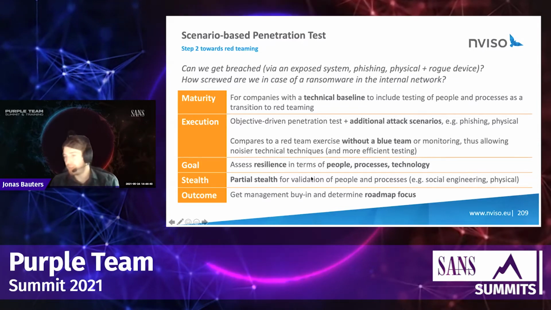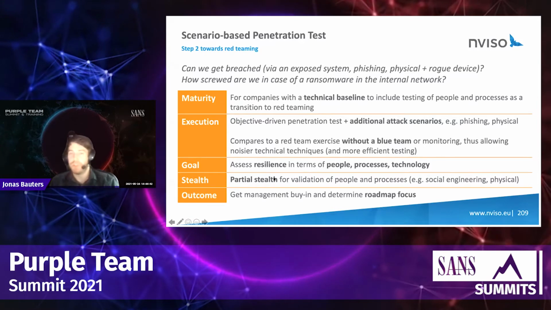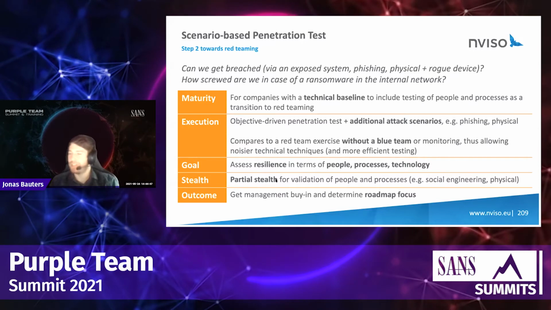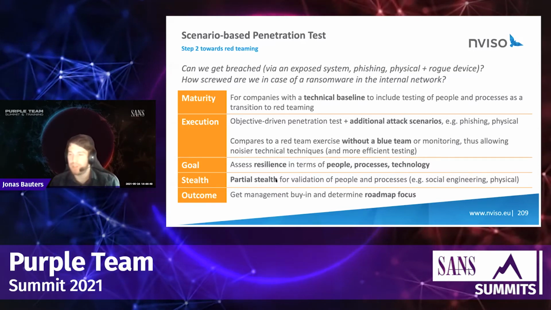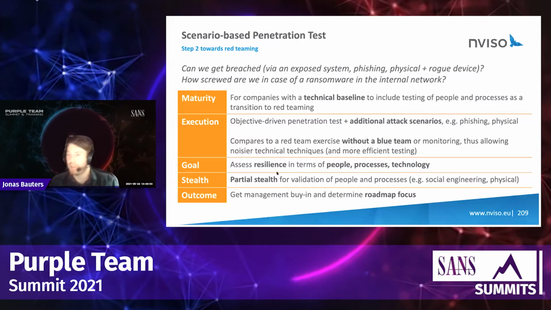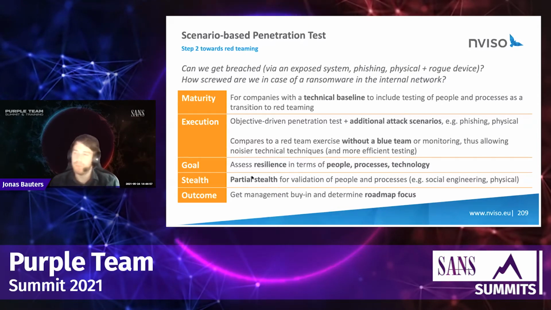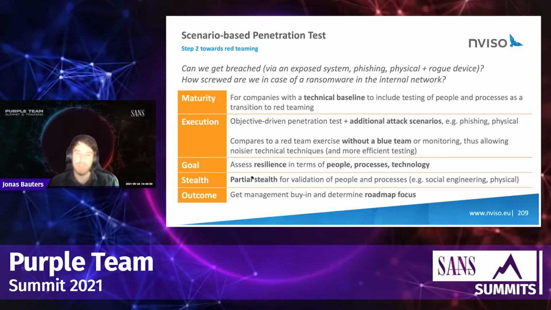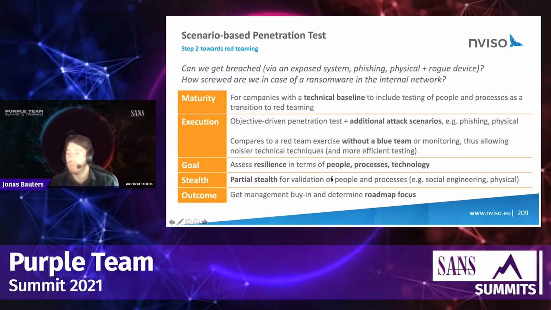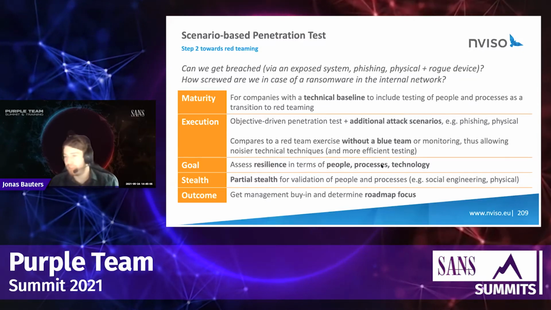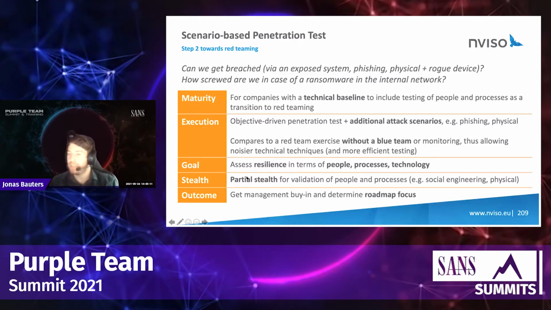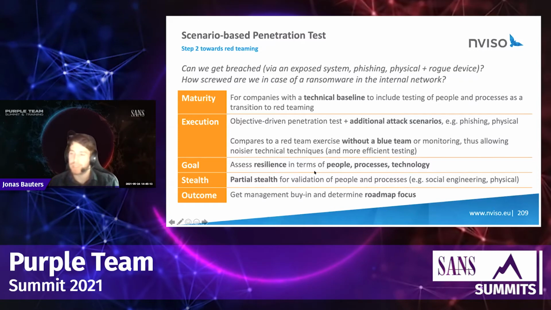In terms of stealth, we don't really employ stealth here to evade the blue team, but there is still a partial stealth, as we mentioned here, partial stealth used to bypass people and processes, or to abuse them, so to say, in social engineering or physical breaches, because you want to make use of the people for phishing or for a physical breach, for example. So you don't want to tell them, hey, this is a pen test, can you just let us in? You still at least want to validate those aspects.